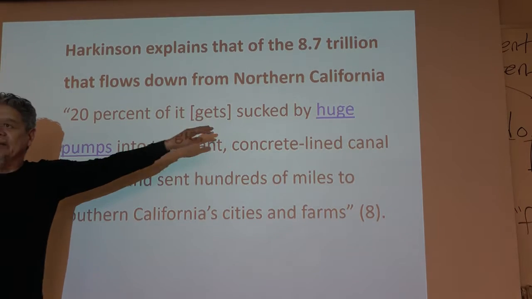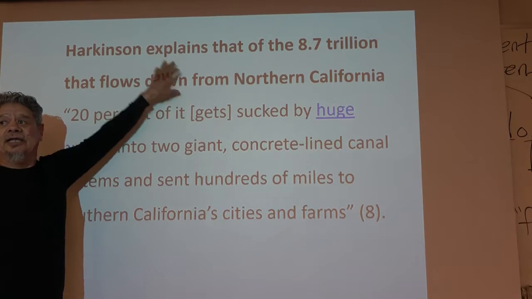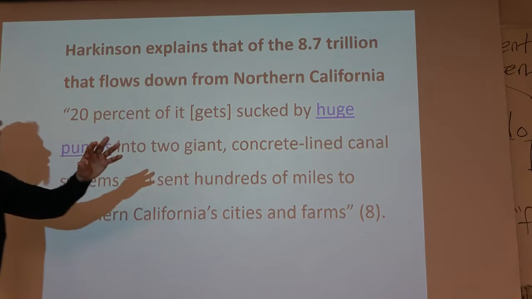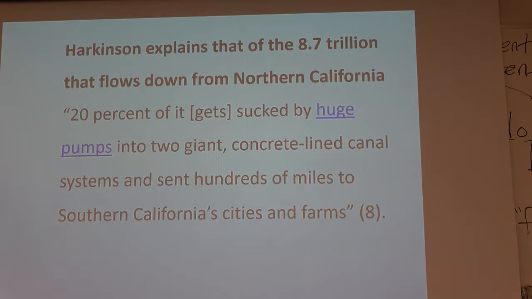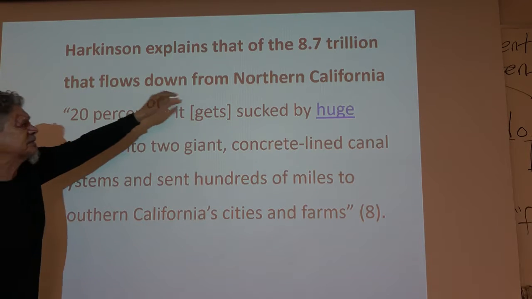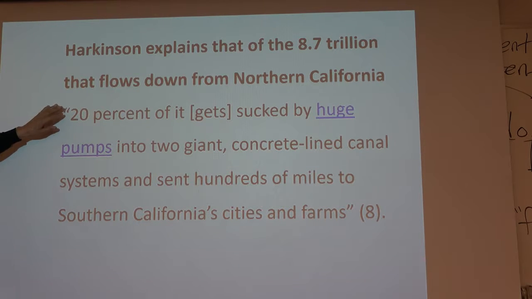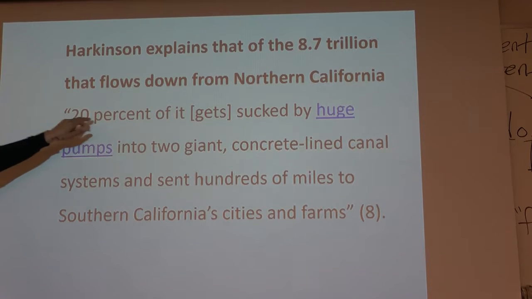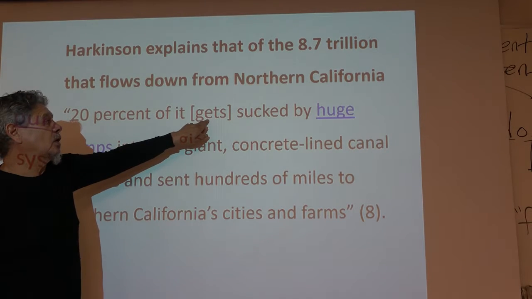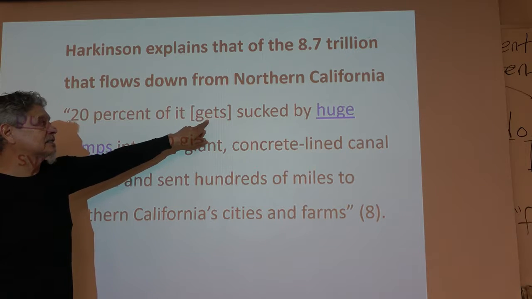So, let me read my introduction and then the quote with "will get." Harkinson explains that of the 8.7 trillion, and I should have put gallons of water, of the 8.7 trillion gallons of water that flows down from Northern California, it's a partial sentence quote, huh? Partial sentence quote. 20% of it will get sucked.